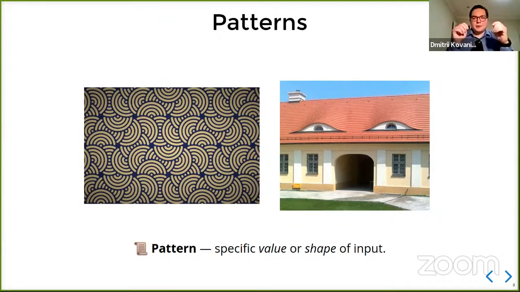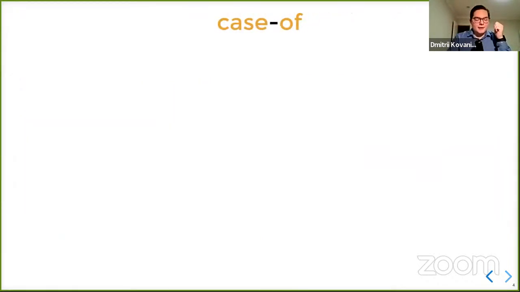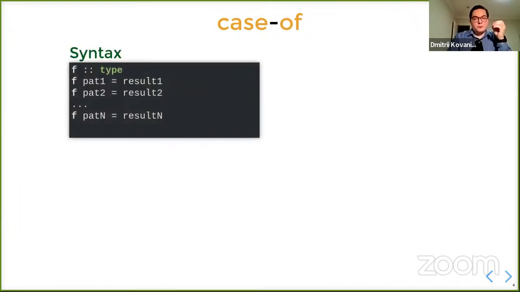When I say pattern in Haskell, I mean that a pattern is a specific value or shape of an input. It describes some way how the input looks. Let's look at examples and start straight away. The syntax for working with pattern matching can be of two forms. The first one is the following. You write the function name and the type signature as previously, and then you write the name again on as many lines as you have patterns.